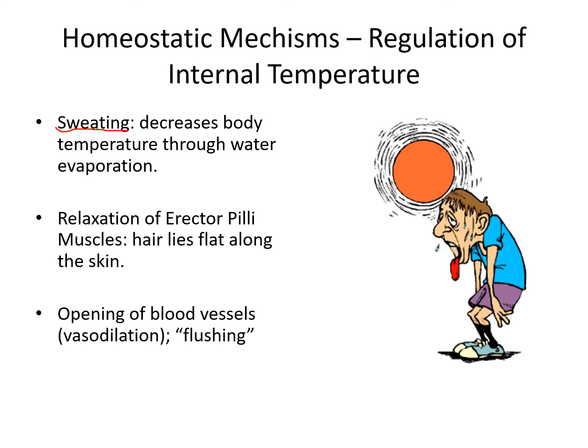Finally, we have the opening of blood vessels, which is probably the most important mechanism here. It's called vasodilation, and what occurs is that the blood vessels in our skin begin to open, and the reason is that your body wants that hot blood to be as close to the top of your skin as possible, so that the heat inside of your blood can diffuse across your skin.